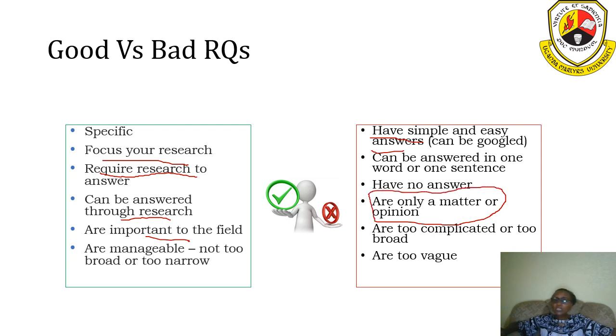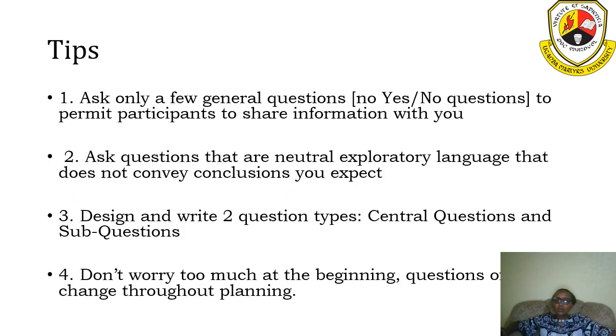It should be manageable. That means it should not be too broad or too narrow. Too broad means you cannot answer it. Too narrow means the answers can either be Googled or can even be assumed. So these are just some guidelines that guide us on what our research questions should be.